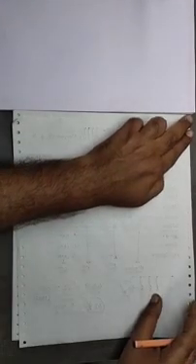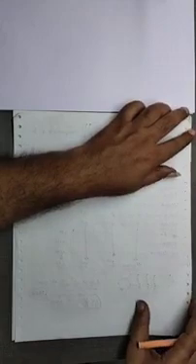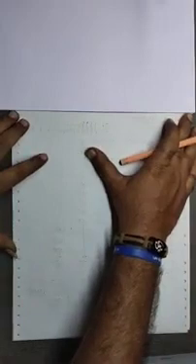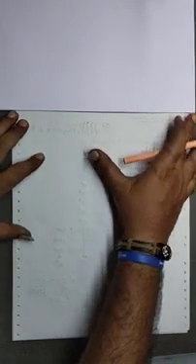Okay, now let us see the second topic, that is electric energy. What is electric energy? First of all, let us see what is energy. From the secondary section, that means in 8th or 9th standard, there was a definition of energy. In 11th also, there was a definition of energy. What is energy?